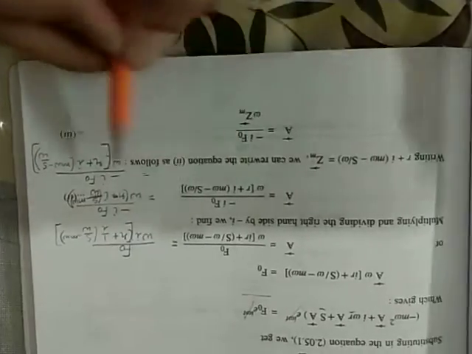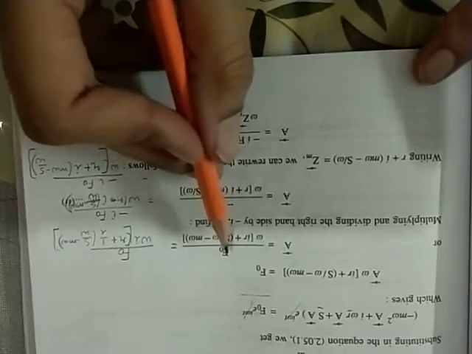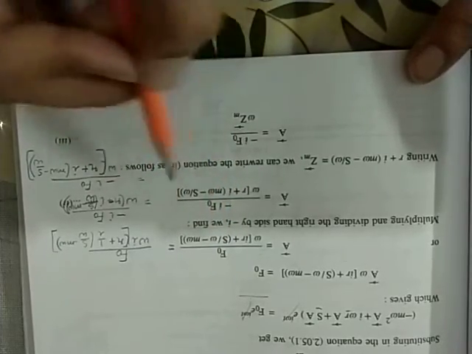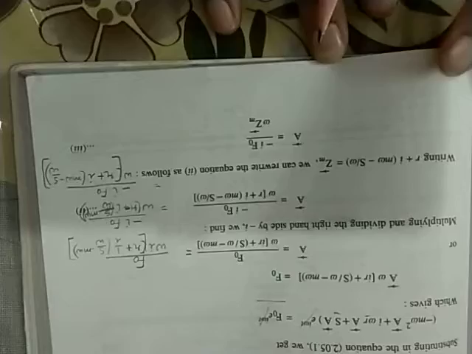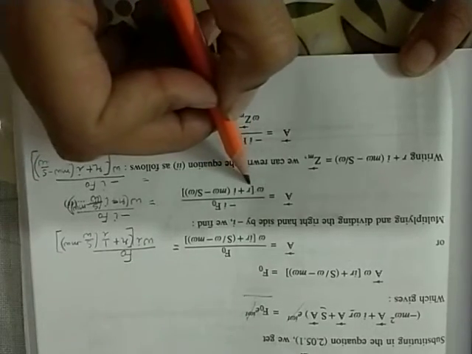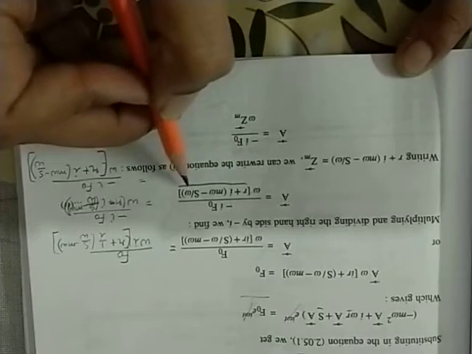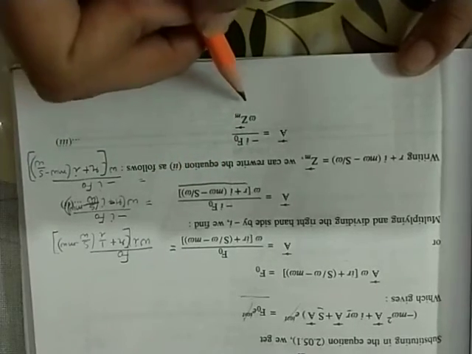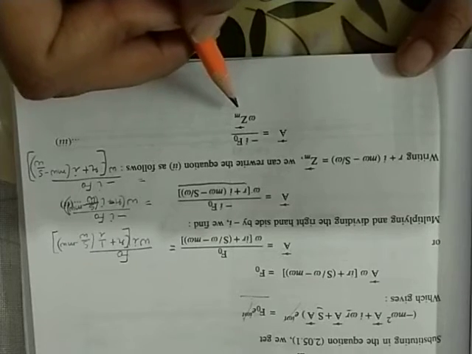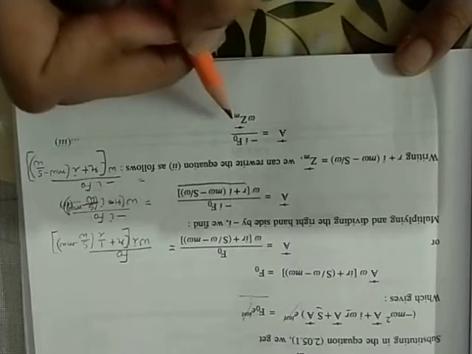Alternatively, you can multiply and divide by minus iota to get this. In the next step we write all of this term, r plus iota (m omega minus s by omega), as Zm, because this is a complex function.